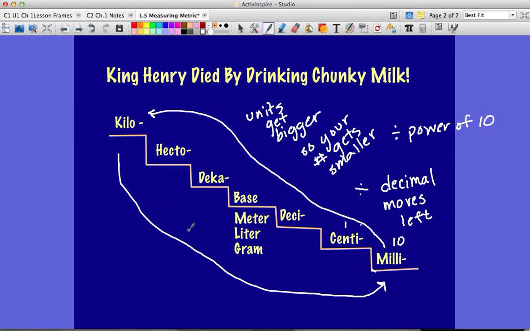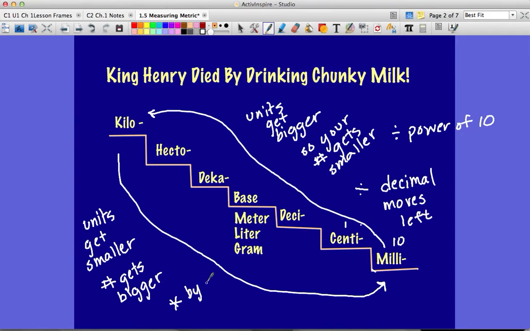When we're going down the stairs, our units are getting smaller, which means my number gets bigger. And because of that, I'm actually multiplying by a power of 10 each time for each stair.